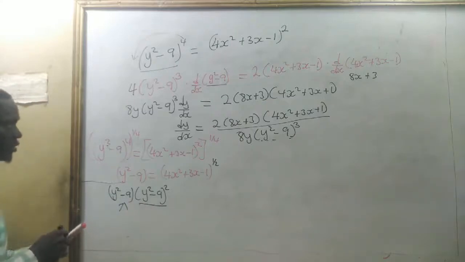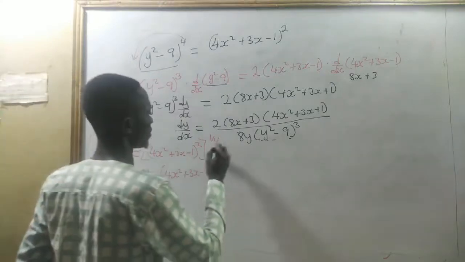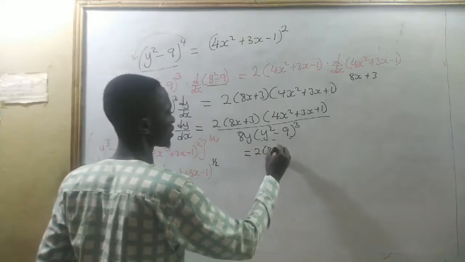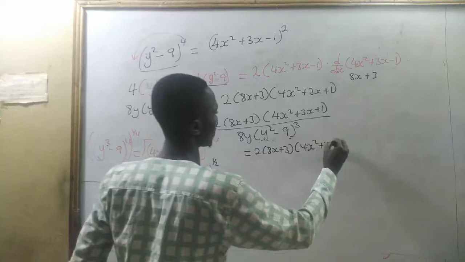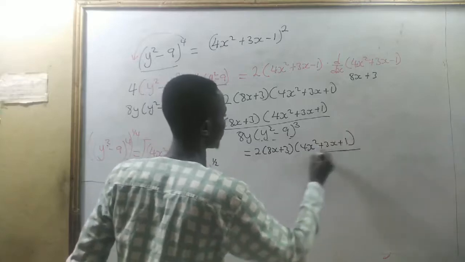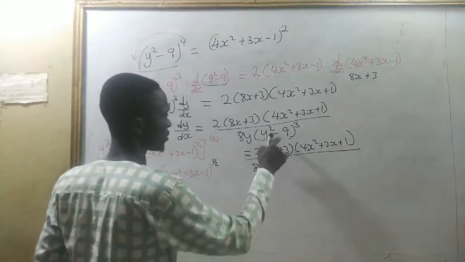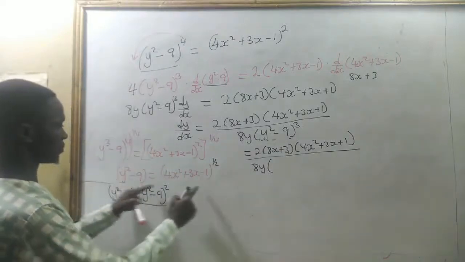Here, let me put this one there. So this one is the same as 2 into bracket 8x plus 3 times 4x squared plus 3x plus 1 divided by 8y. So this one, we've gotten one of the terms. So that is it.